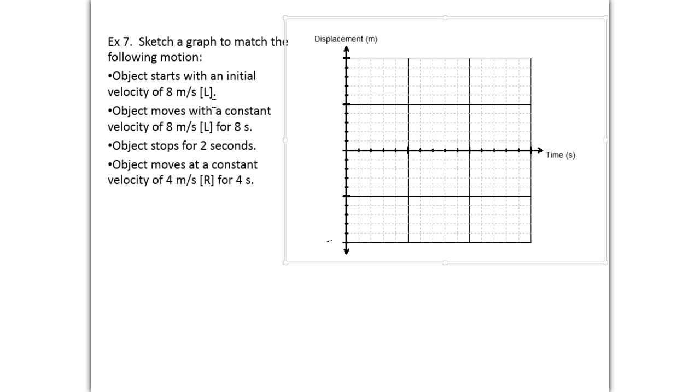Okay, before we get too far into this question, I do make a small change. That should be velocity, not displacement, and that's in meters per second. So the object starts with an initial velocity of 8 meters per second to the left. So that will be here, because left is considered negative.